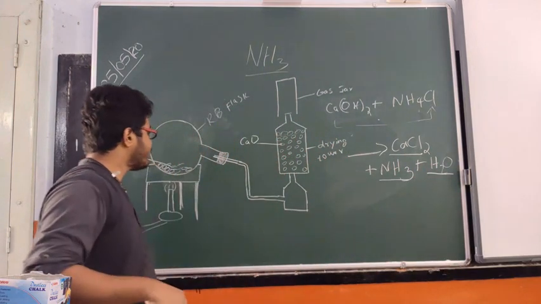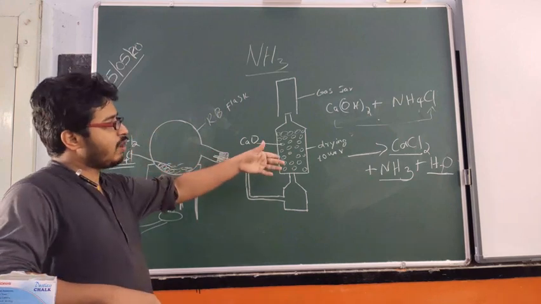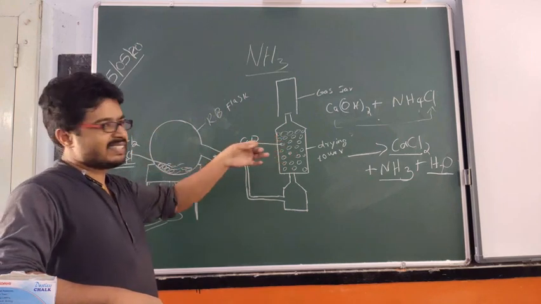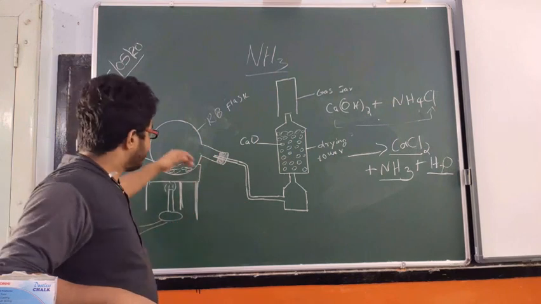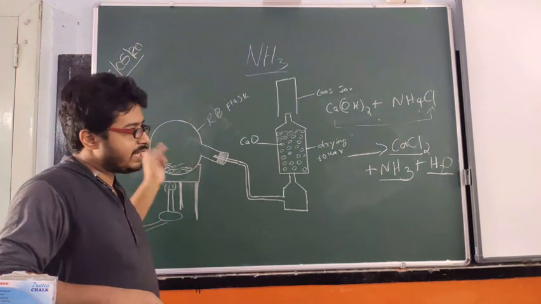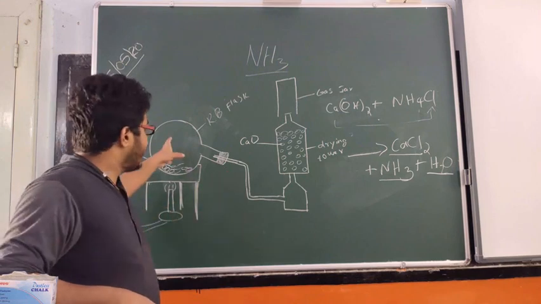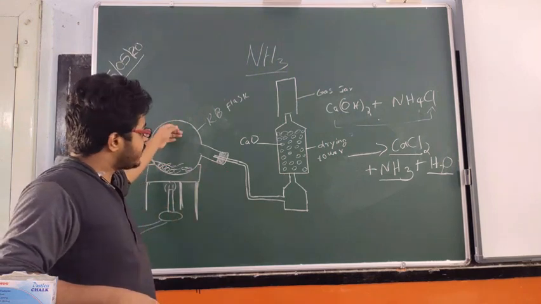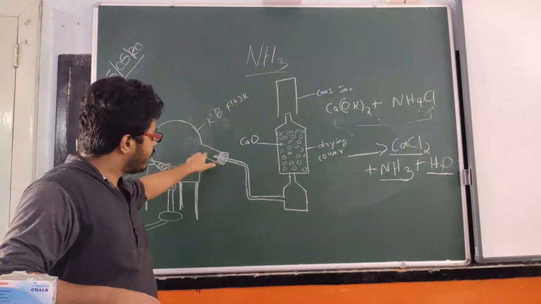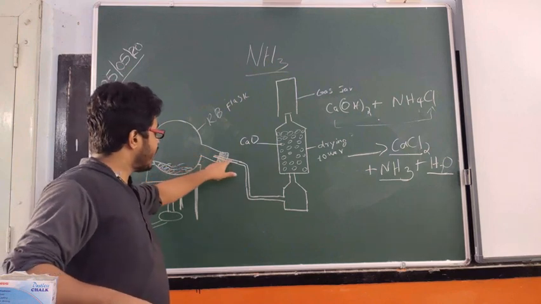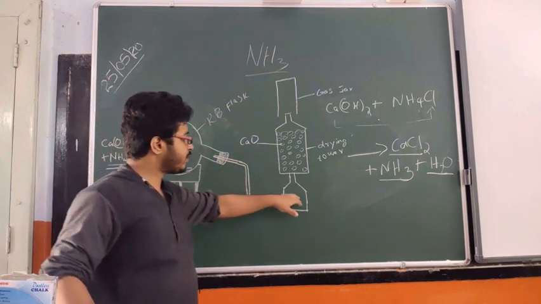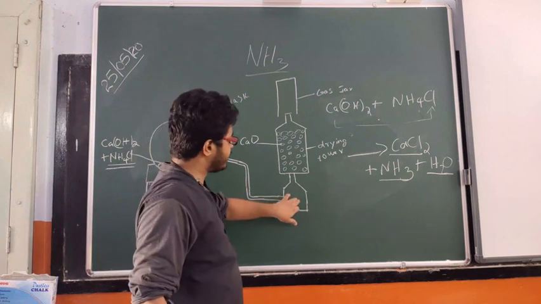So what happened here? Calcium chloride is a solid, so it settles down. The other two products, ammonia and a little bit of water vapor, will rise up as a gas and go through the delivery tube to the next chamber, the collection chamber.